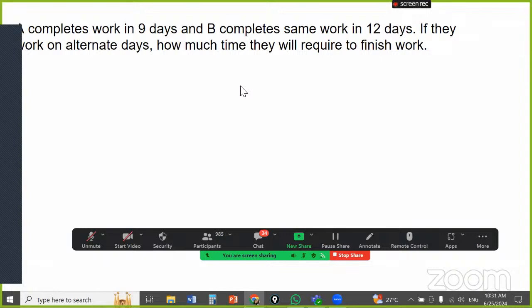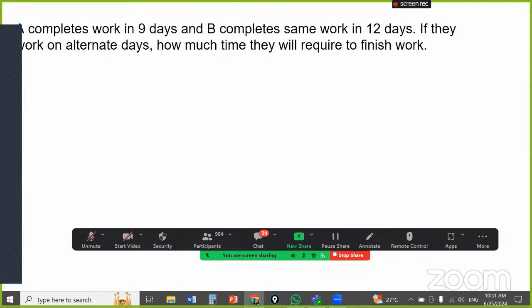Okay, A completes the work in 9 days. B completes the same work in 12 days. If they work on alternate days, how much time will they require to finish the work? Alternate days means first A will work on the first day, then B works on the second day, and on the third day A will work, and on the fourth day B will work.